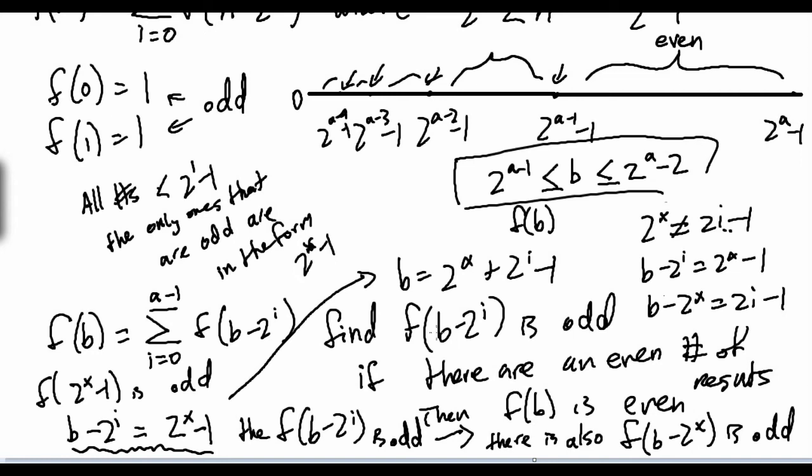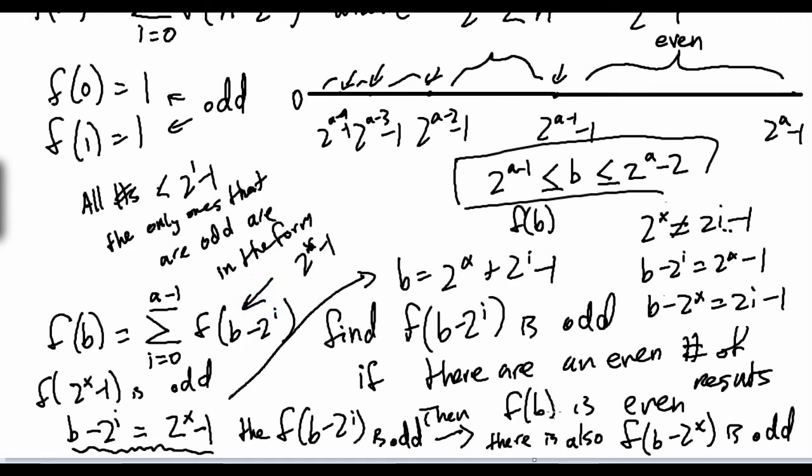And this is important, because for every f of b minus 2 to the i that is odd, there's another matching pair that pairs with it, and that's also odd. That means that for every odd number in this sequence, there's another one.